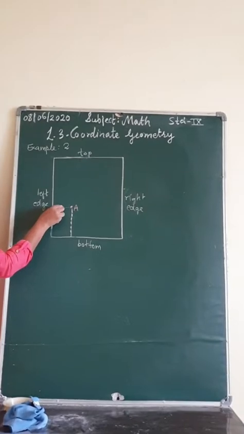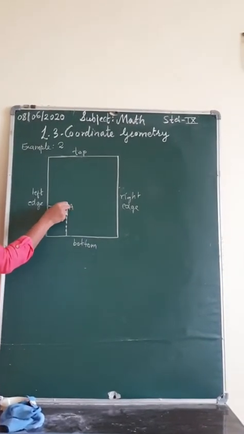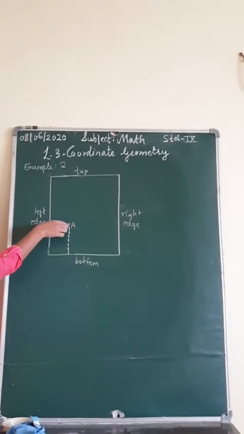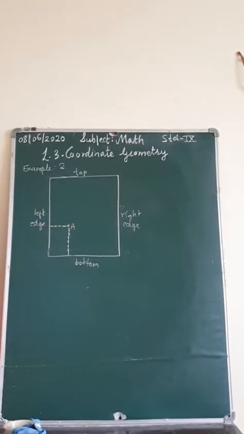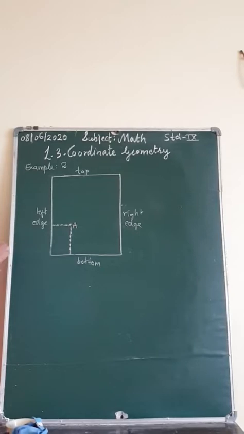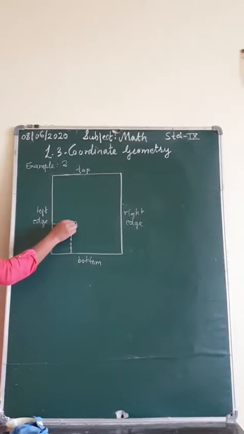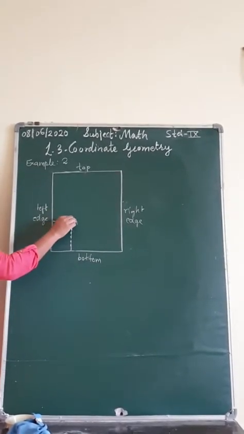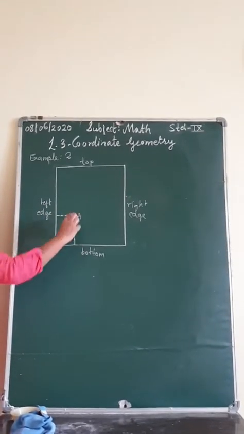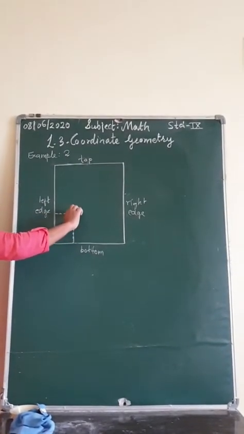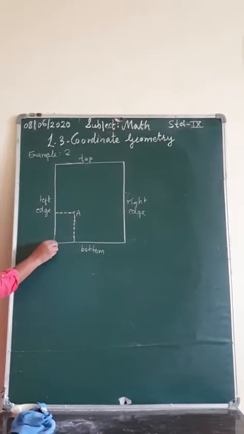So this is how point A is positioned: not only with the help of one piece of information, but it requires a second also. And this is how the position of any point is described, by how far it is horizontally and how far it is vertically from a fixed point.